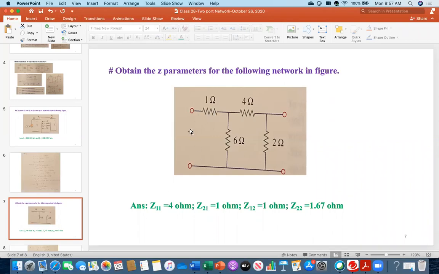Ultimately, V1 you have to measure across the 6 ohm, but the current is coming from the right side source. So again, you can say V1 is I1 multiplied by this one, but that I1 is actually the current which is coming due to the right side source. So here you don't need to put the minus sign again for both of these.